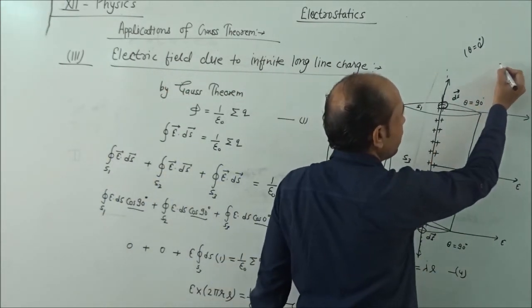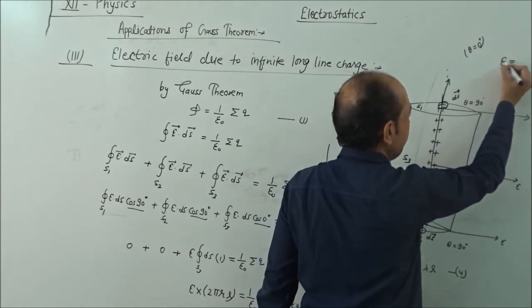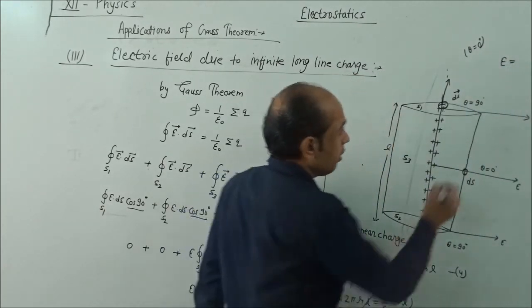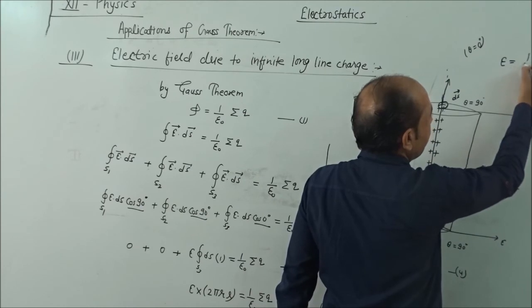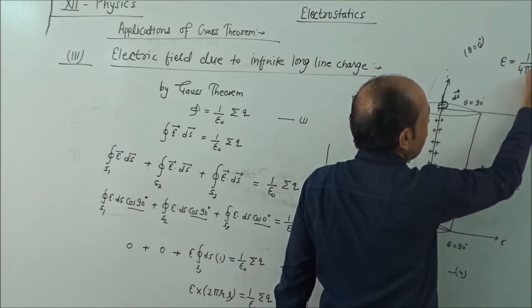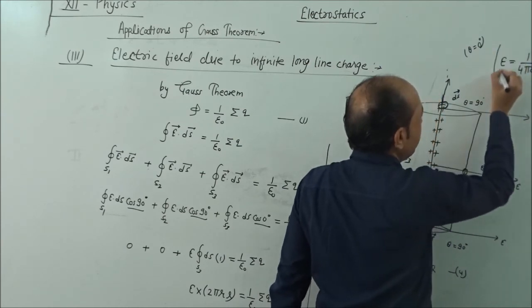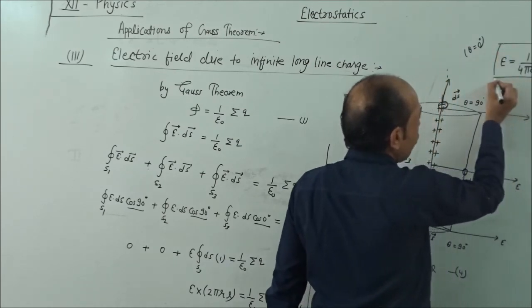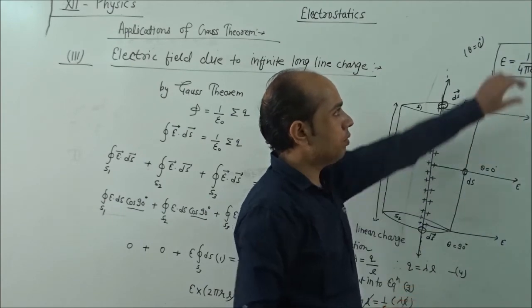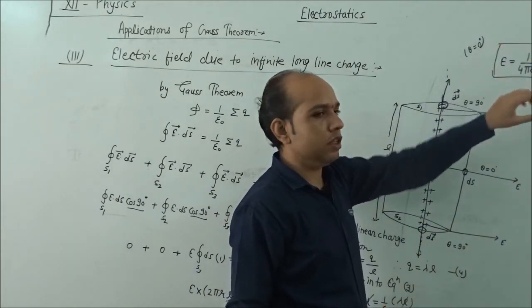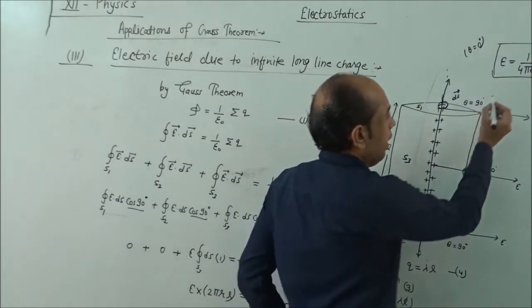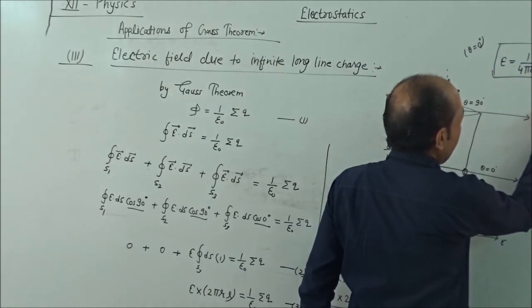So this becomes E is equal to, when you multiply by 2 up and down, 1 upon 4 pi epsilon naught and 2 lambda upon r. So it is a better form in order to solve the numerical, because now 1 upon 4 pi epsilon naught is equal to k, and it has a value 9 into 10 raised to power 9.